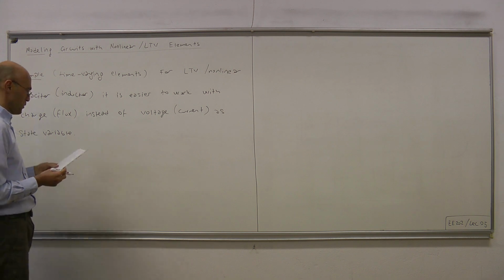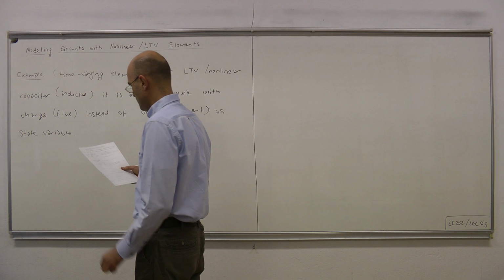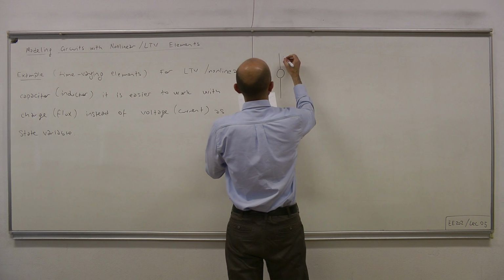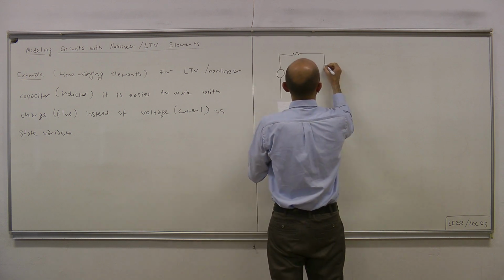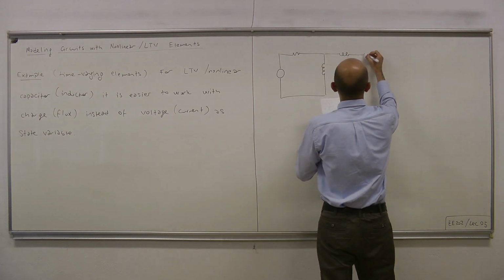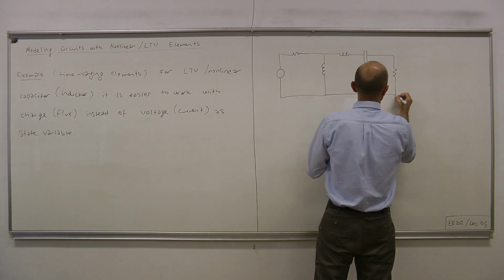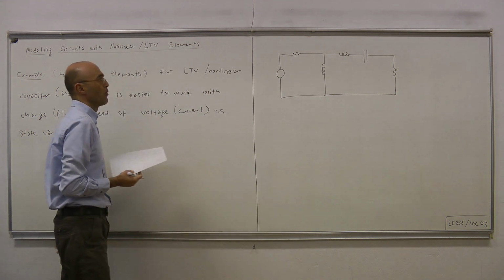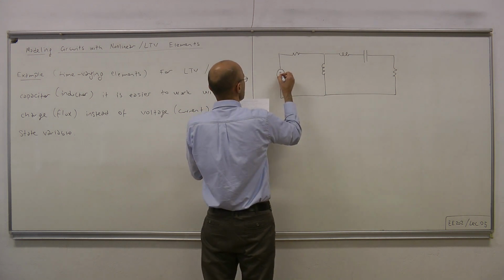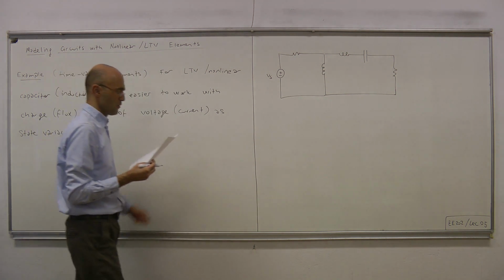example. Okay, now the circuit for which we are to obtain the state equation is given here. We have three dynamic components, two inductors and one capacitor. The input is single here, just the voltage of the independent voltage source.